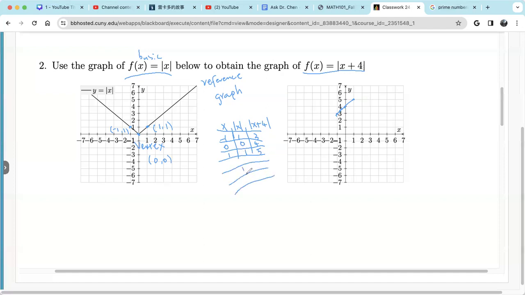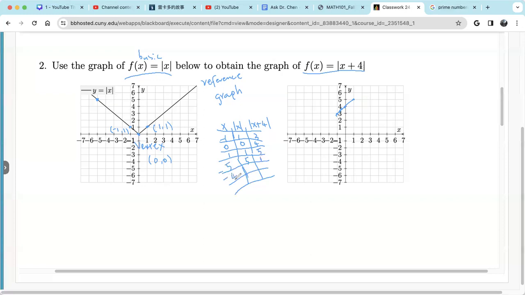Let's pick more points. Let's pick negative 5. The absolute value of negative 5 is 5, but then negative 5 plus 4 is negative 1, and the absolute value of negative 1 is 1.